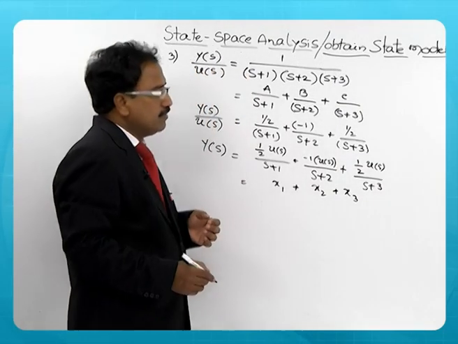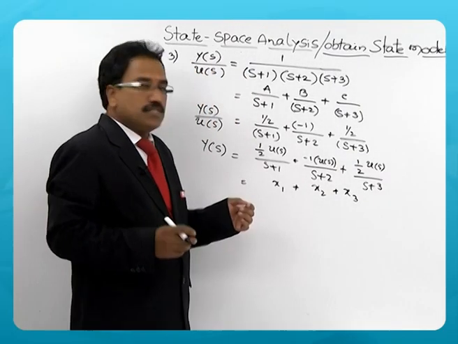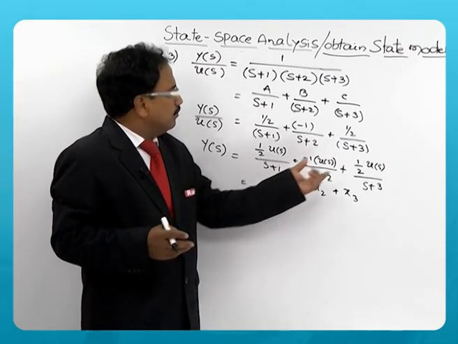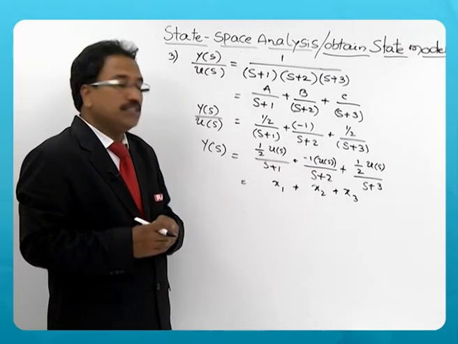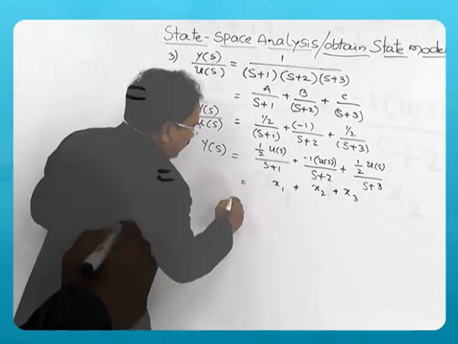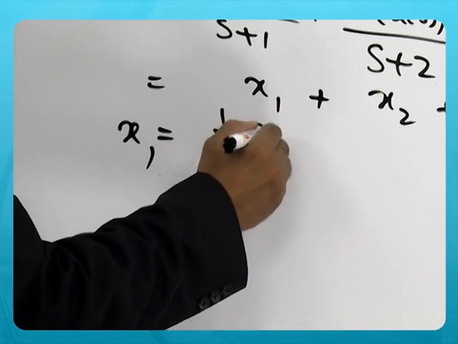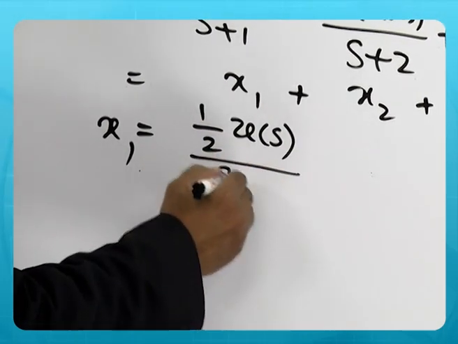They are the state variables. Order is 3. 3 state variables x1 and x2 and x3. The 3 terms can be represented in the output equation. Now where x1 here is assumed, this is equal to half u of s by s plus 1.